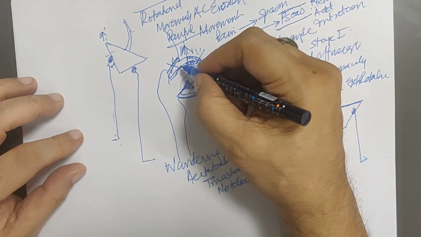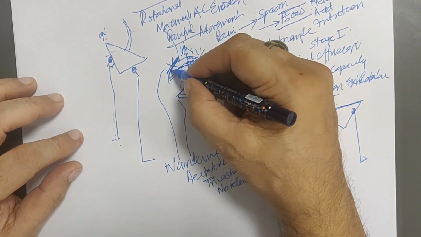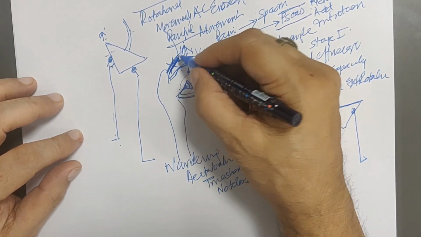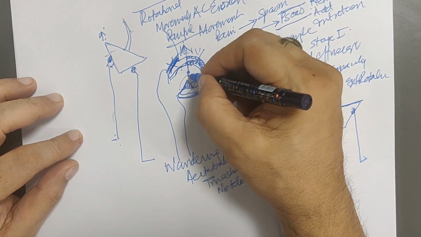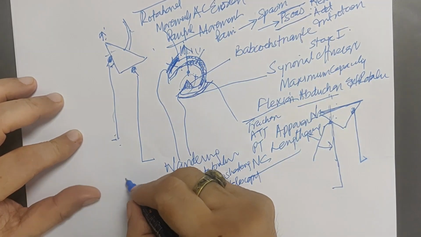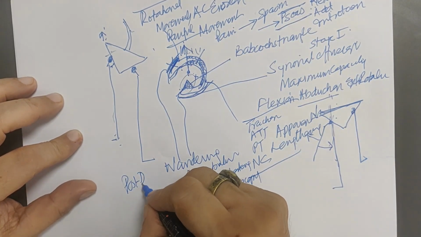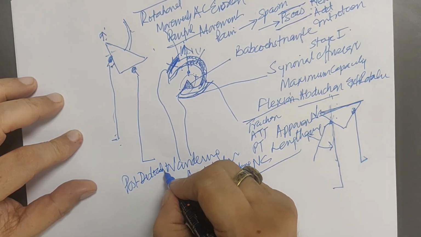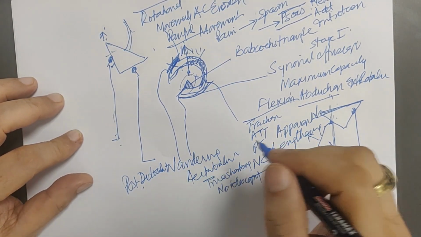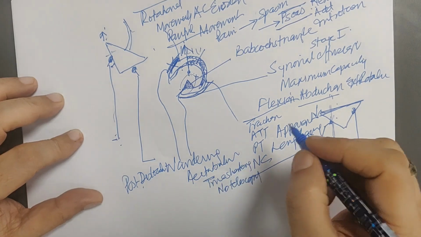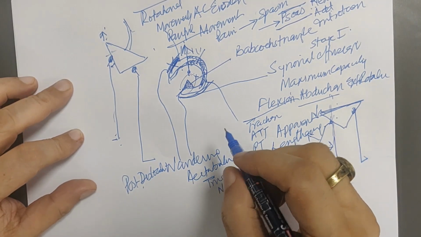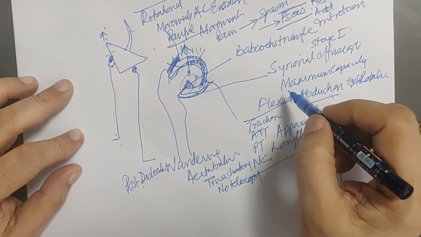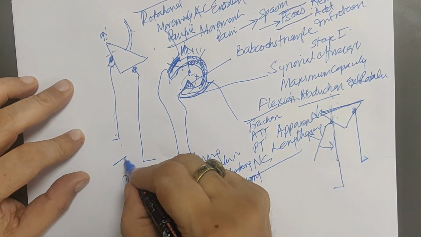However, if there is ligamentous instability and the capsule is destroyed, then the head can go into posterior dislocation. And in posterior dislocation, there is the same deformity of flexion, adduction, internal rotation.